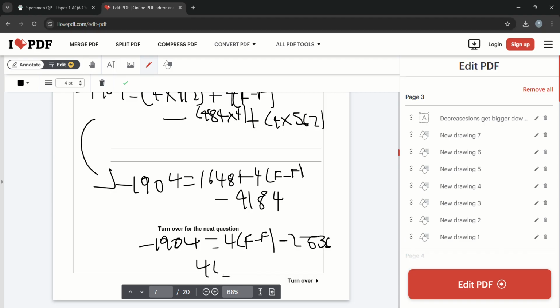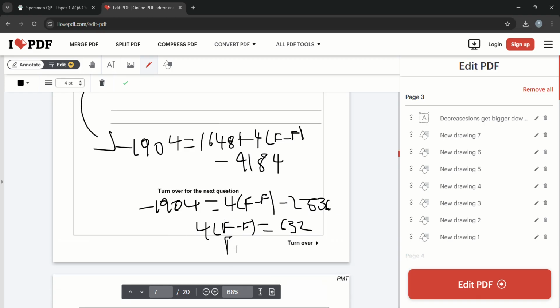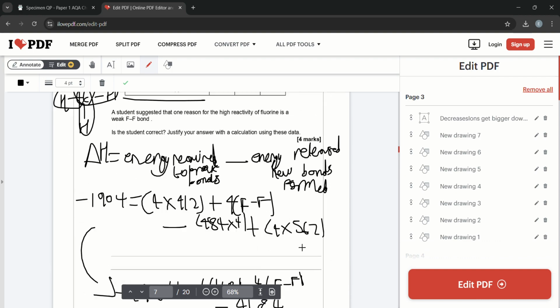So 4FF equals minus 1904 plus 2536, which is 632. 632 divided by 4 gives 158. Therefore FF equals 158 kJ mol^-1.